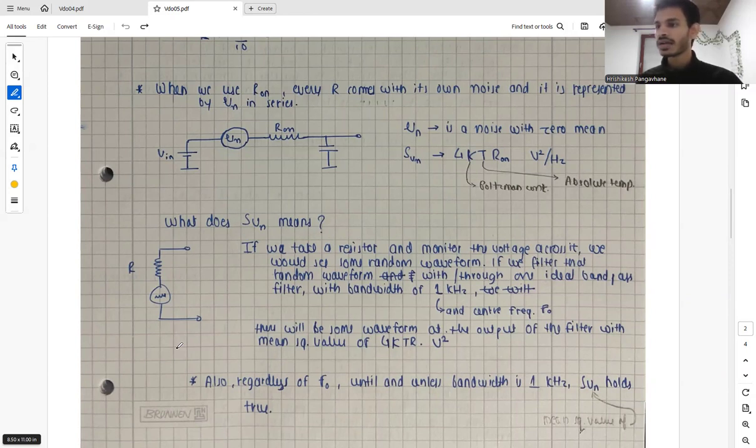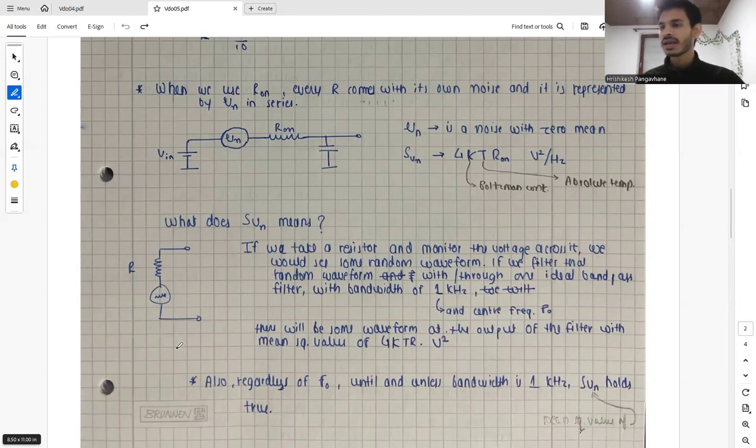If we filter that random waveform through an ideal band pass filter with a bandwidth of 1 hertz, let's say the center frequency is f naught, any f naught, there will be some waveform at the output of the filter with a mean squared value of 4 kTR. So this is what it means.